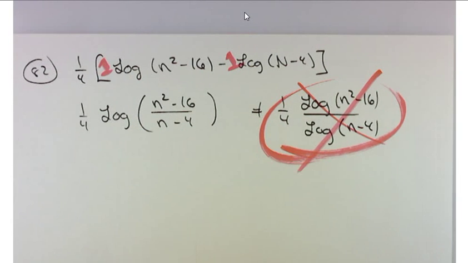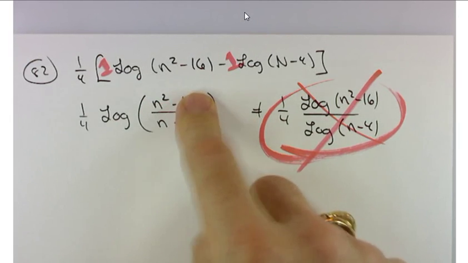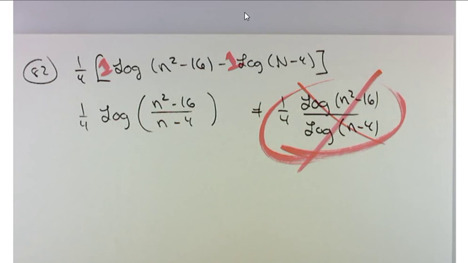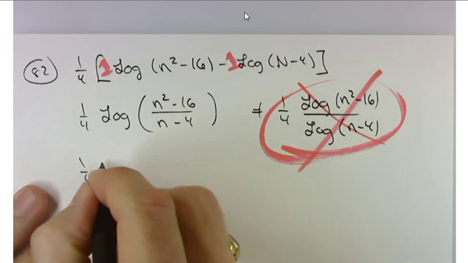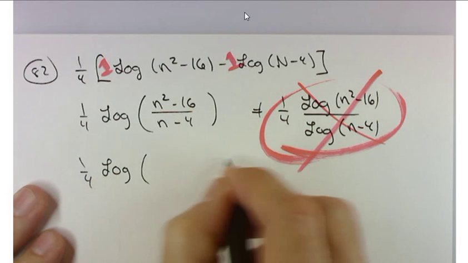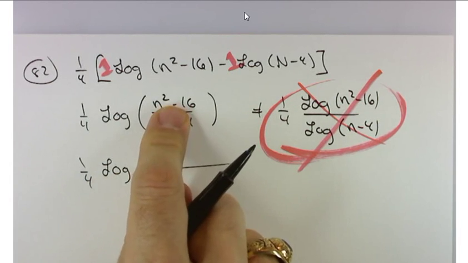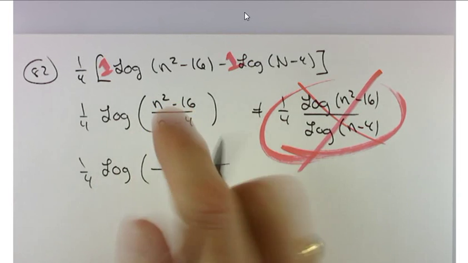There's a few more things we can and should do here. Can I cancel the n and the 4 into the 16? No. Not, at least not right now. But how does this thing factor? Thank you.